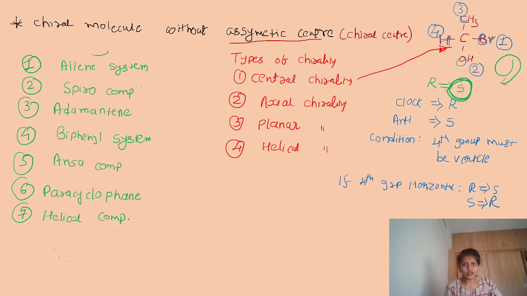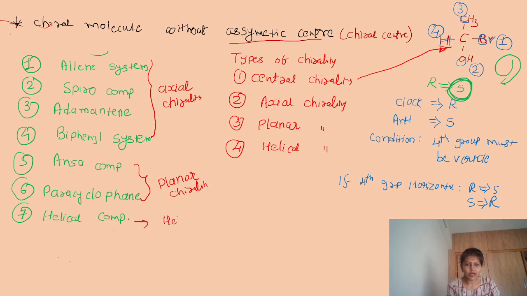Now axial chirality: the Allene system, Spiro system, Adamantane and Biphenyl system. These four compounds show axial chirality, right? The Ansa compound and paracyclophane have planar chirality, and the helical compound has helical chirality.